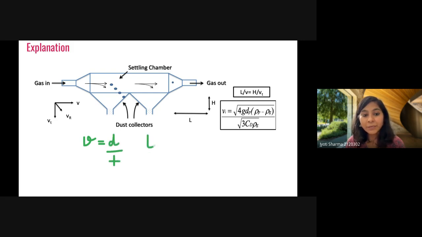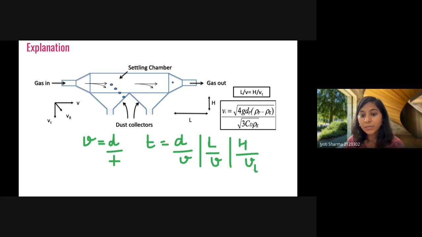So time will be equal to D upon V. Okay, so if we are talking about horizontal time, then distance here will be L, and here the velocity of air, so this will be V. If we are talking about the vertical timing, then this will be H, and here it will be terminal velocity, that is Vt.